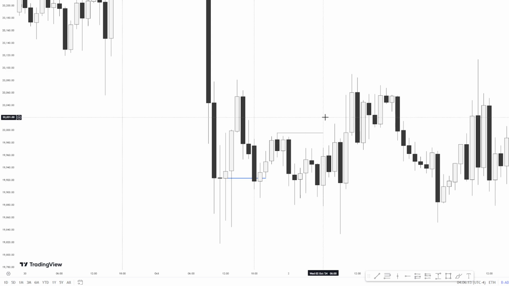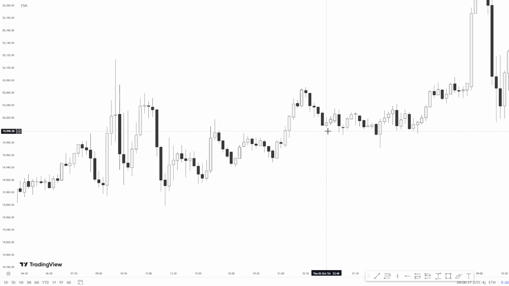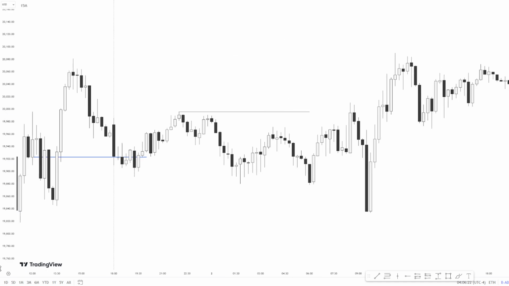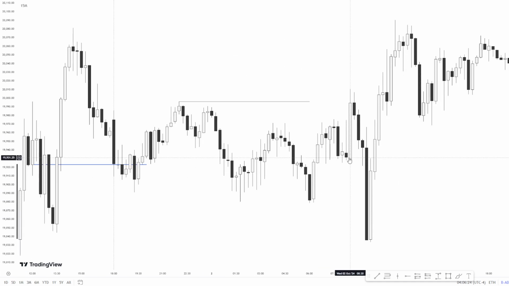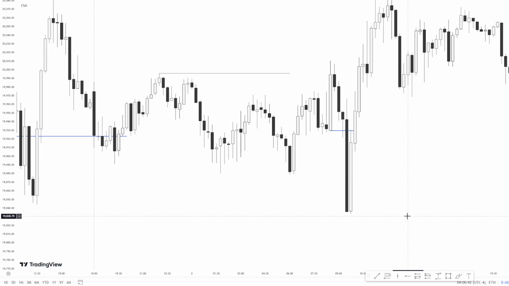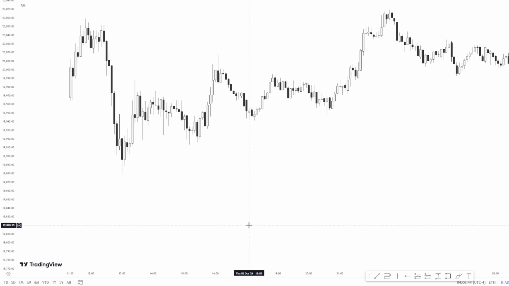So going to the lower time frame, as you can see, 8:30 opened, expanded, took out this high, and we had a change in the state of delivery. So I am definitely not going to be taking a short from here and having my stop loss here. That's impossible. So I waited for a continuation, which I didn't get.